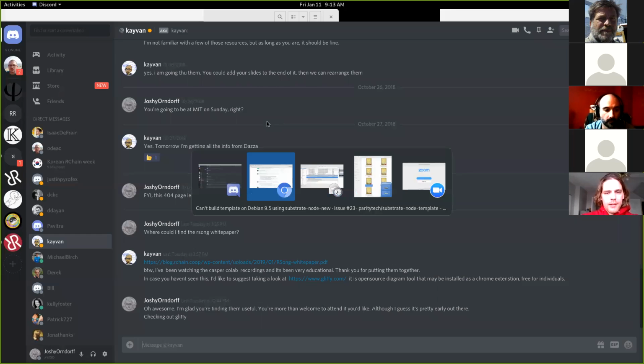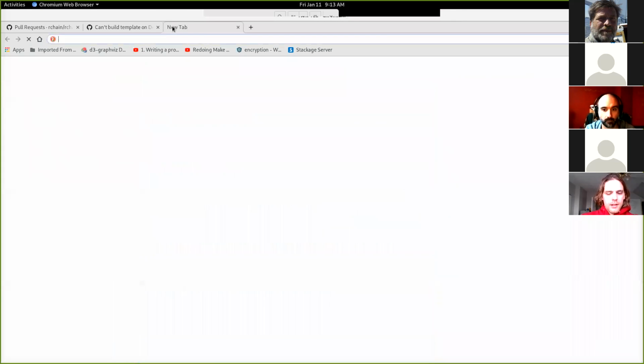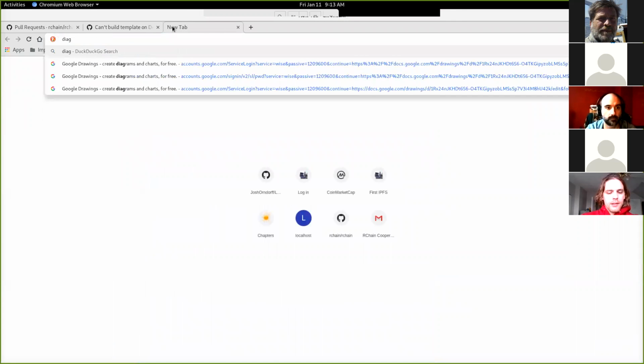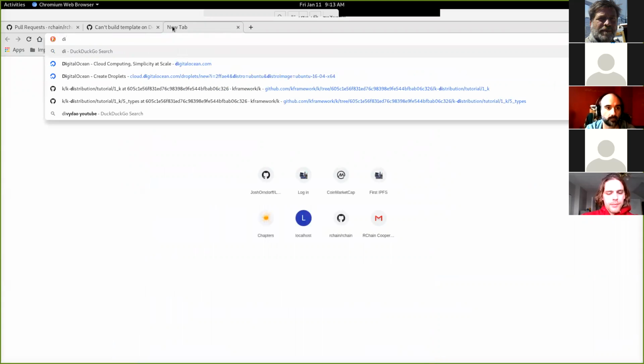I'll give it a go if no one can, but if anyone wants to try to do a little block DAG diagram.